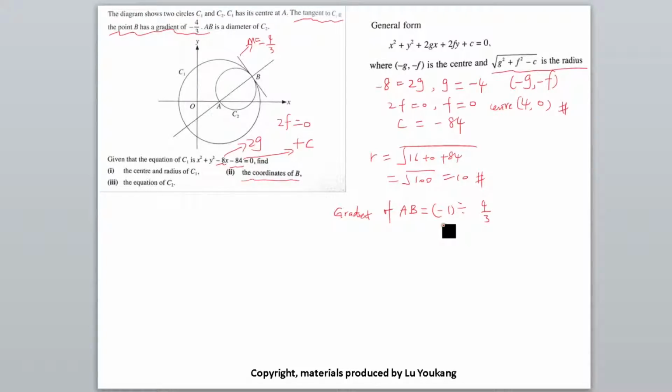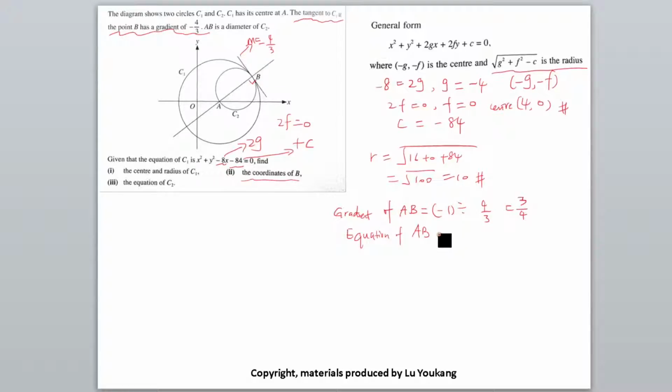Therefore, you get the gradient of AB equals minus 1 divided by minus 4 over 3, and you get 3/4 for the gradient of AB. Okay, so over there it should be minus 4 over 3. Never mind, I will edit it later.